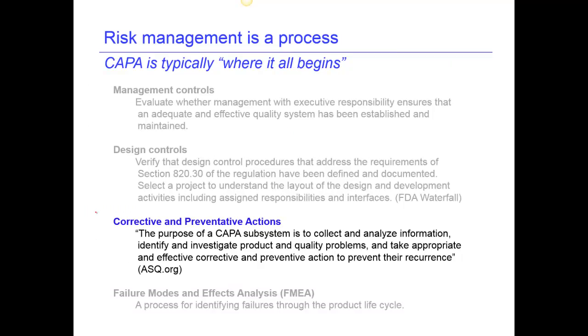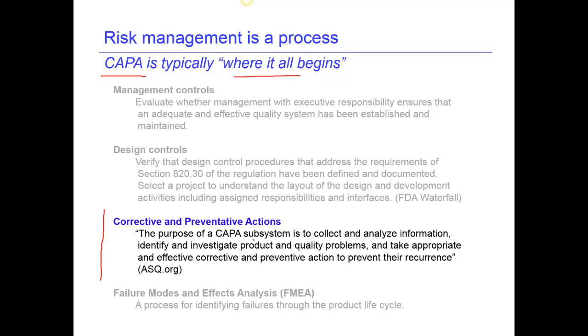Thinking back on our slide before about risk management, which is a process, one thing to understand is that the CAPA is typically where it all begins. Normally, a complaint or an issue is presented to the quality management team, and they have to decide if they need to launch the CAPA process, which includes both corrective and preventative actions.